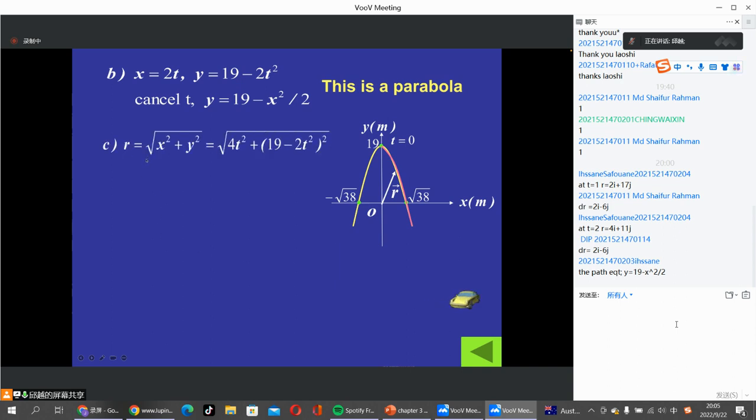We have r equals the root of x squared plus y squared. So if dr/dt equals 0, then r equals the minimum r. So we have t equals 3 seconds, r equals 6.08 meters. This is the minimum of r.